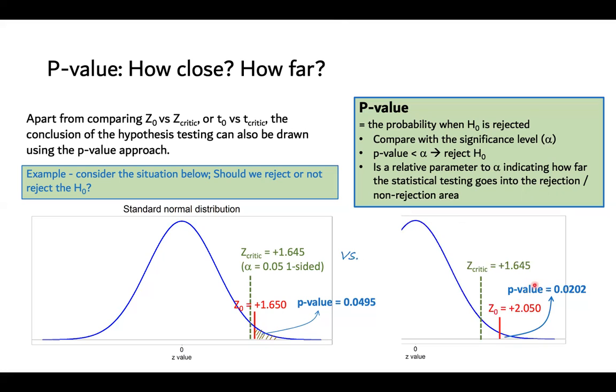Usually we calculate the p-value from Excel. We got the p-value of 0.0202, so it is less than this one. So we're actually more confident that we should reject the H null compared to this one.